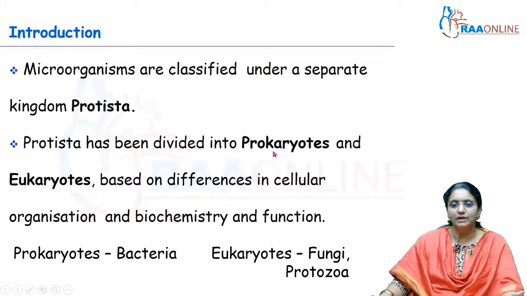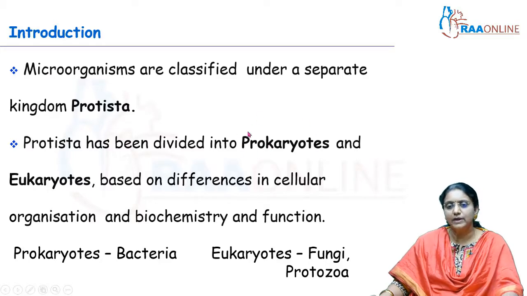You know the word karyo. It means something to do with the nucleus. Here they are divided into pro and eukaryotes based on difference in the cell structure as well as their nuclear organization, and also the biochemical properties and the functions. Karyo means something to do with the nucleus and the nuclear material, and pro means primitive.